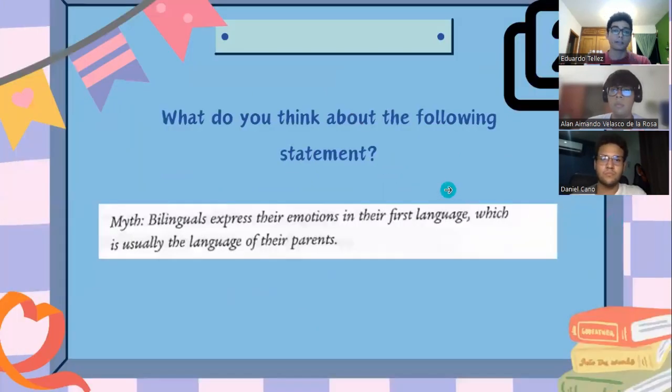Okay, so we have the next. A friend of mine once told me that he had a friend who was married to a Korean woman. My friend told me that this person met his wife in South Korea in a university exchange program, and that he spoke Spanish and English and learned Korean there.